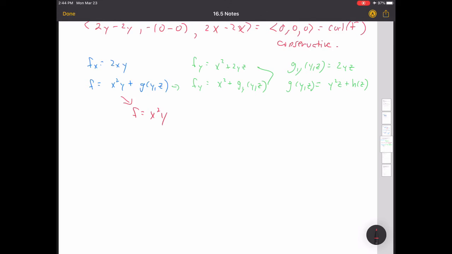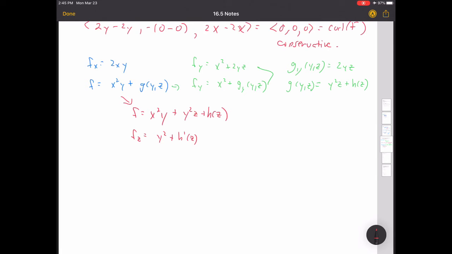So we're going to get x squared y plus the g of yz, which is y squared z plus h of z. Now if we were to find f sub z, taking the derivative of this thing with respect to z only, well, that's just going to give us y squared plus h prime of z.